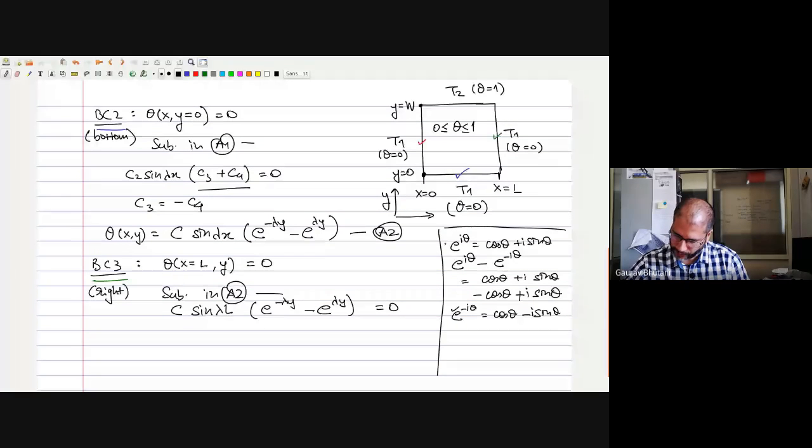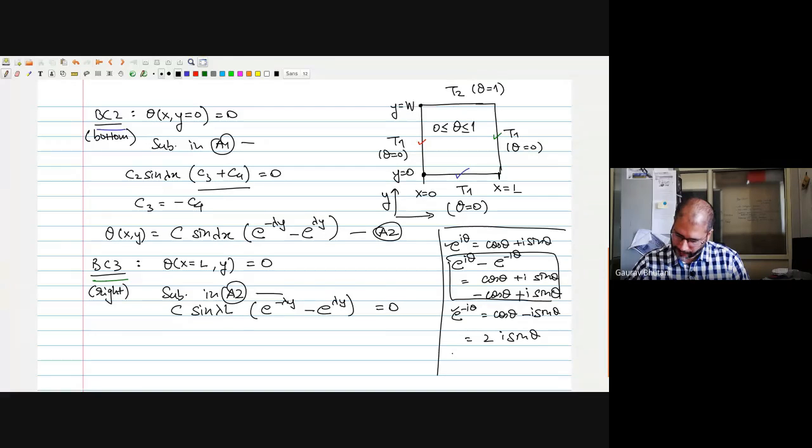Use this and this, then we can find this expression. So what this gives us is 2i sine theta.